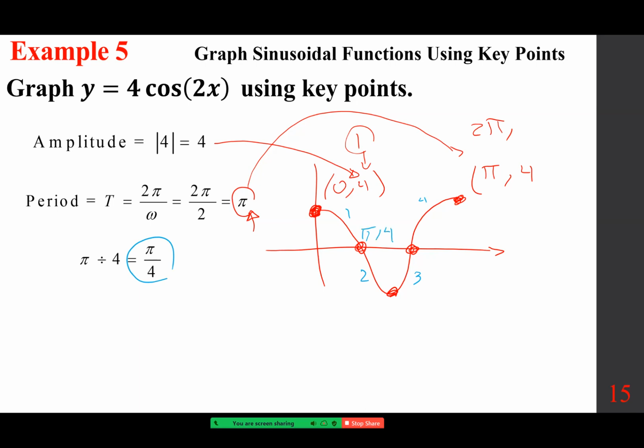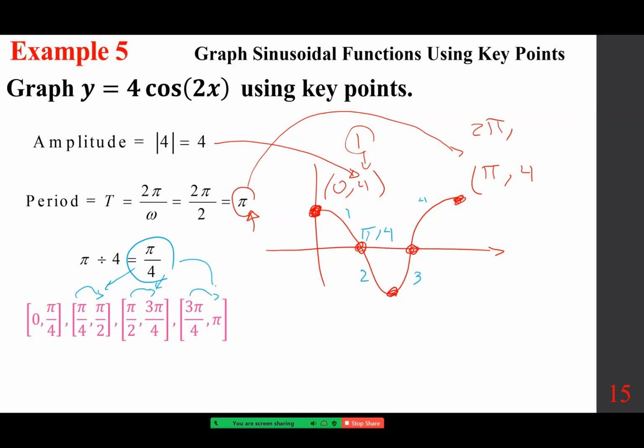So we go from 0 to pi over 4, pi over 4 to pi over 2, and so on and so forth. Please understand that from here to here, we are adding pi over 4. From here to here, we are adding the same thing. From here to here, the same thing. That's how we get this.